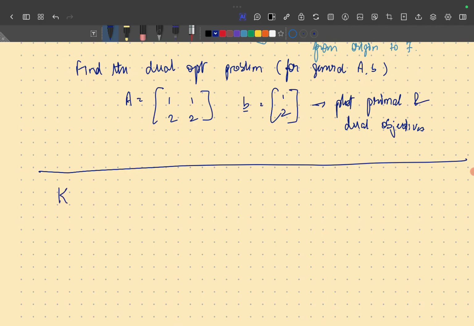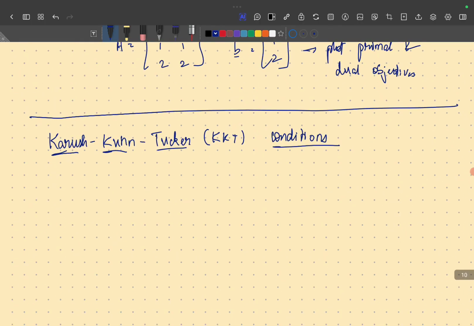The recipe is based on these conditions by Karush, Kuhn and Tucker. And the claim is that if you want to solve a constrained optimization problem, it's enough to just find the solution to a system of equations. Equations are not linear, they're in general going to be a non-linear system.